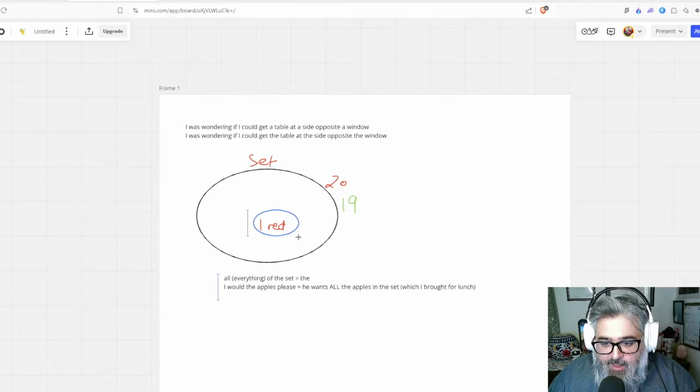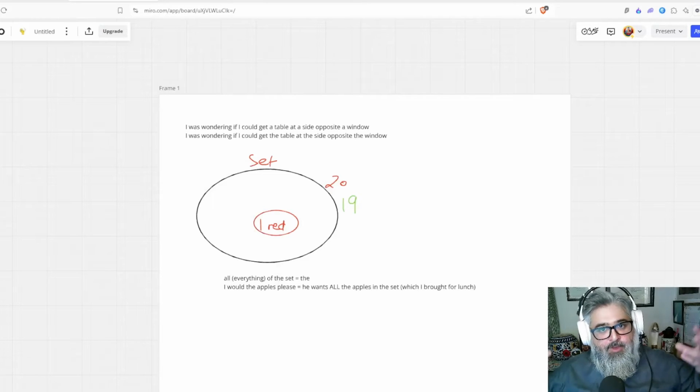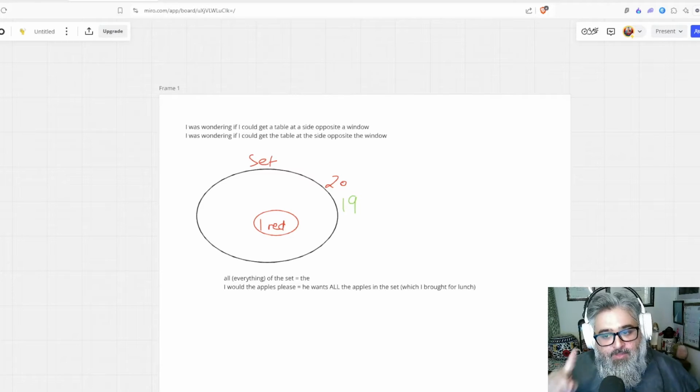So now the new set is one red apple. So we created a new set. We narrowed the set. So when we're talking about the one red, we're not talking about the 19 green apples. We're just talking about the one red apple.